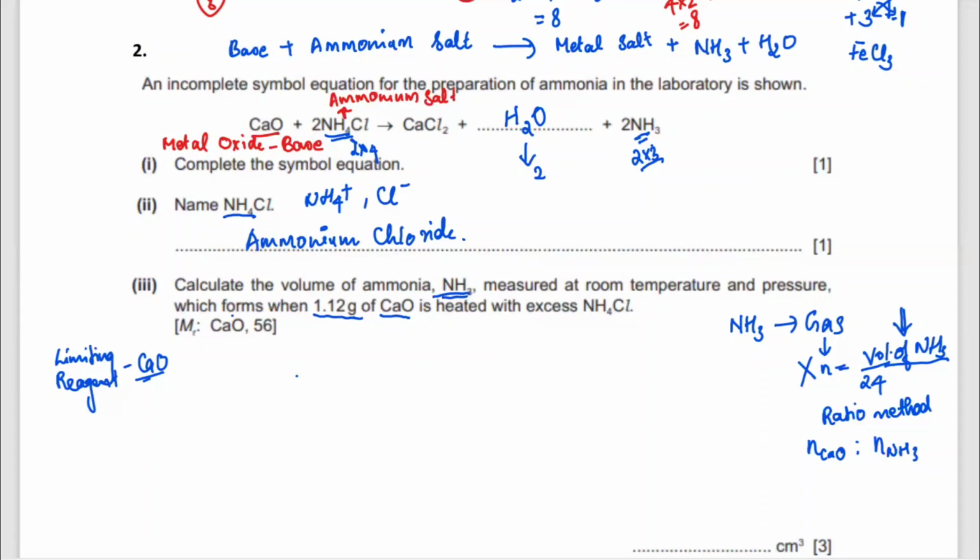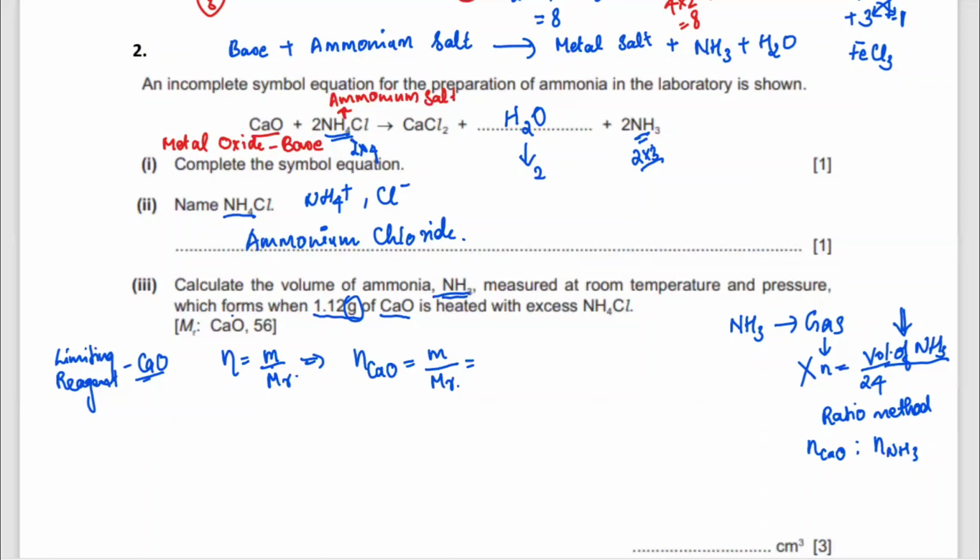We know that the mass of calcium oxide is given, right? So it is in the solid state. And whenever something is in the solid state, we use the formula n is equal to m by Mr to calculate the number of moles. So the number of moles of CaO will be equal to the mass of CaO divided by the molar mass of CaO.